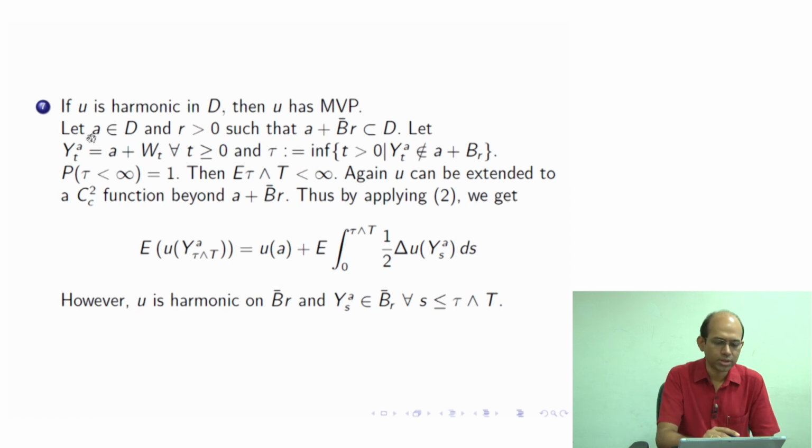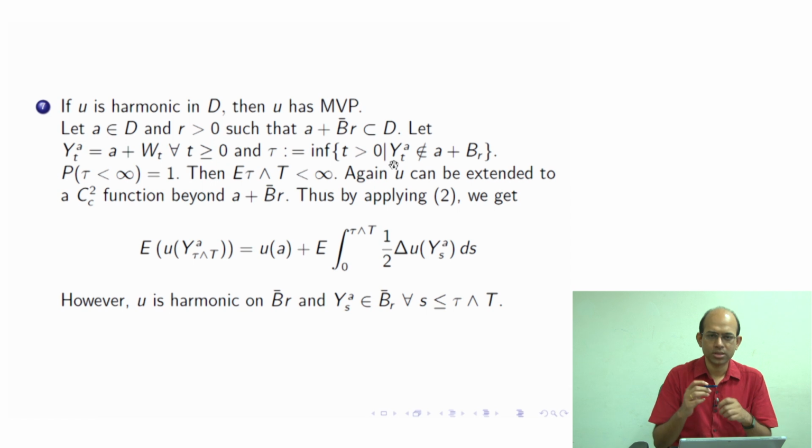I have discussed that A is a point we choose and R is the radius we choose, such that the ball can be inscribed inside D. So let Y be a process starting from A, because Brownian motion starts from 0, so this starts from A. So it is a translated Brownian motion, and tau is the stopping time when this process Y leaves the ball.